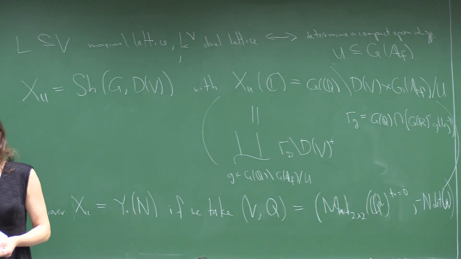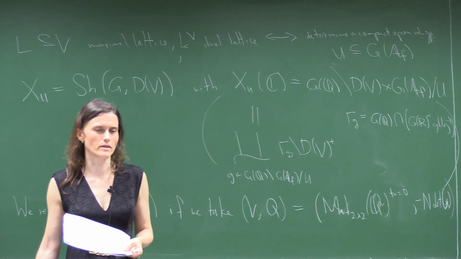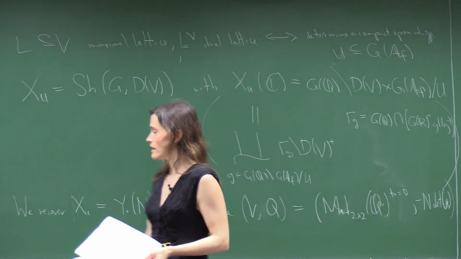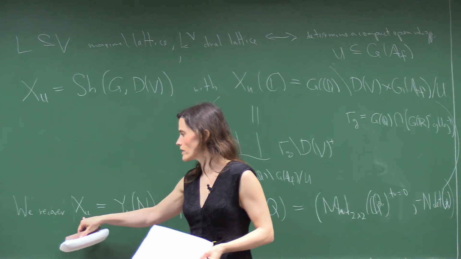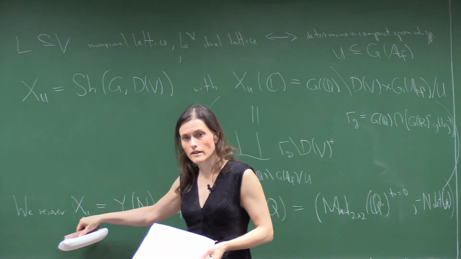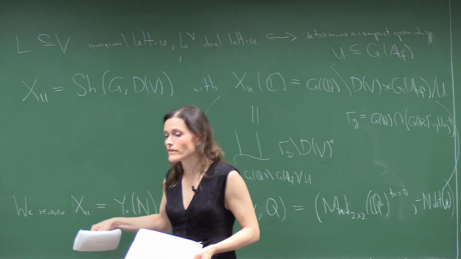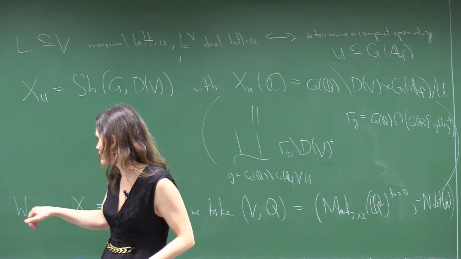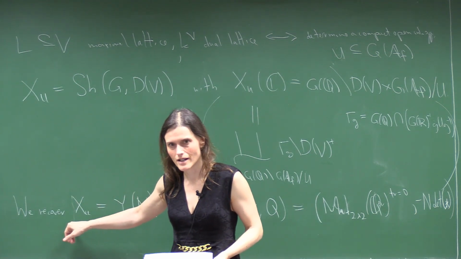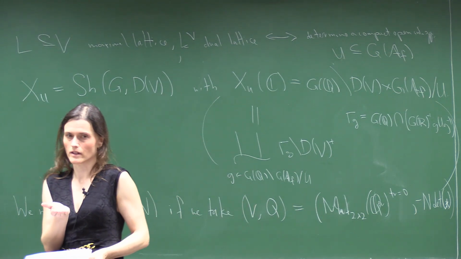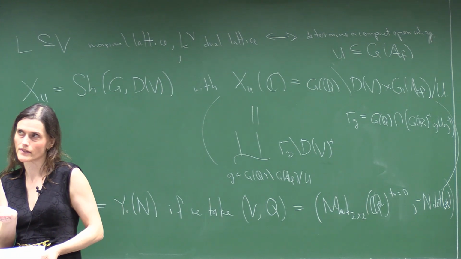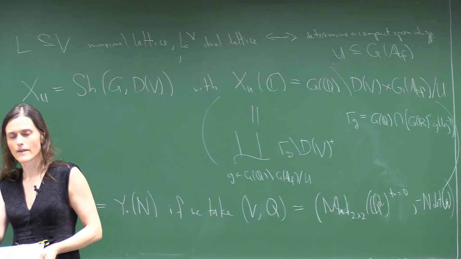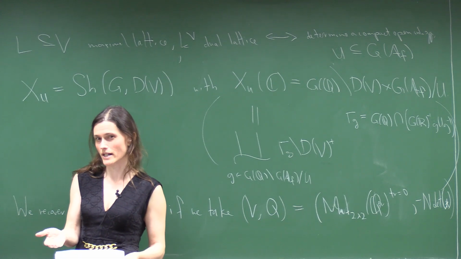Here, it's not necessary to use a moduli description, but what you do instead of studying the modular curve is more generally you study the geometry of this spin Shimura variety. And it turns out to be a theorem that any zero cycle on this spin Shimura variety will take the form that I described before. It'll come from a rational quadratic subspace of signature (0,2), which will always determine some imaginary quadratic field.